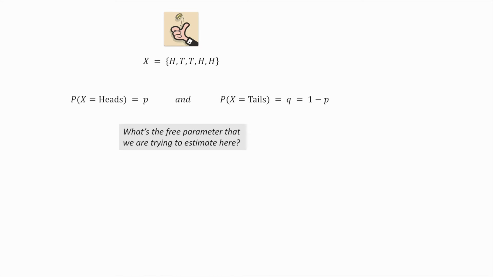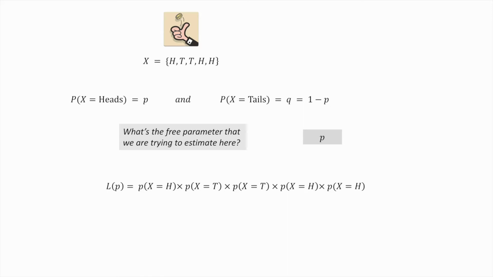We have X, the data, and we're trying to find the parameter P. Alright, now let's calculate the likelihood of the parameter P, and that's equal to the joint probability of observing the outcomes, or the measurements. So that's equal to the probability of X being heads times the probability of X being tails, and so on.